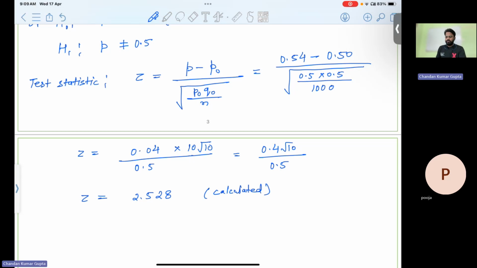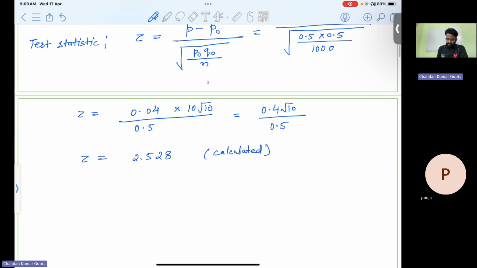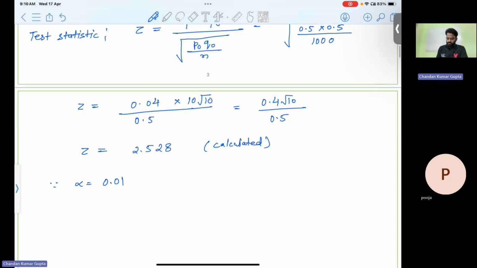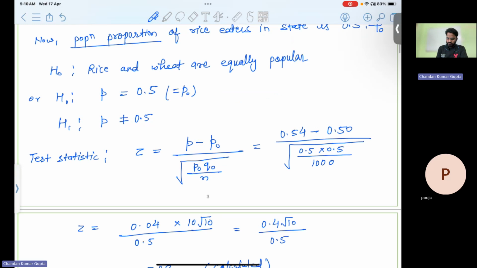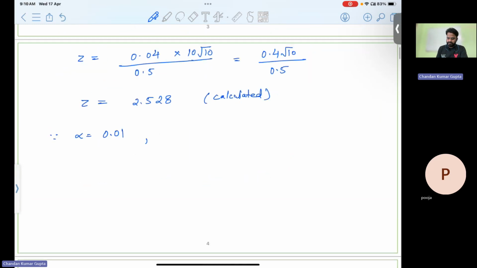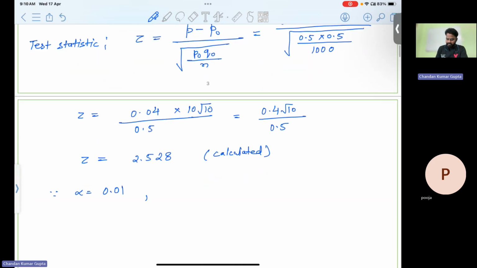Now we are given alpha at 1% level of significance, that is 0.01. Since it is the not-equal case, that is the two-tailed case, alpha by 2 is 0.005.